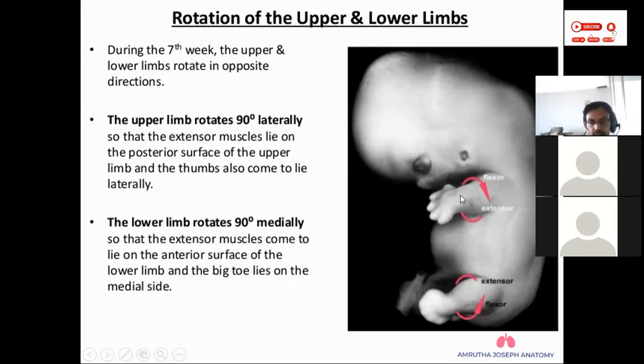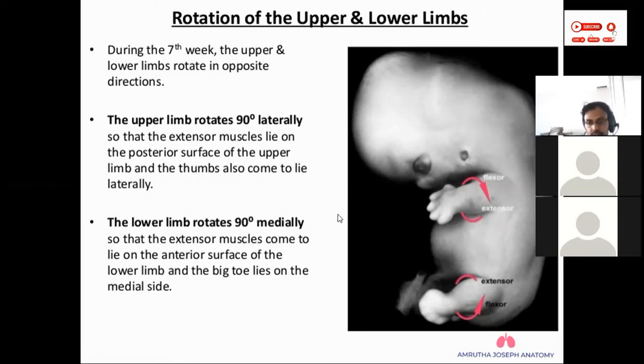Now, as the limb develops, it is going to rotate laterally. There is going to be a 90-degree lateral rotation for the upper limb. So this is extensor and the opposite side is flexor. The extensor surface becomes posteriorly placed, and the flexor surface becomes anteriorly placed.